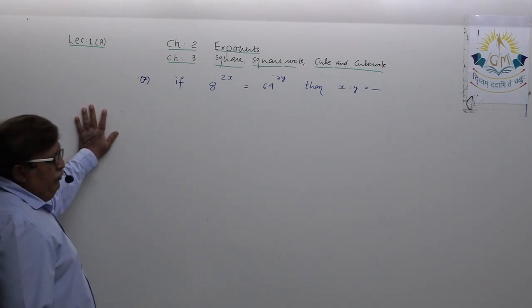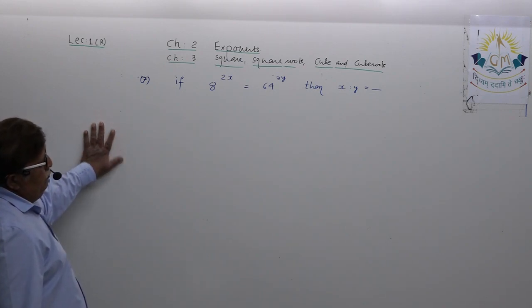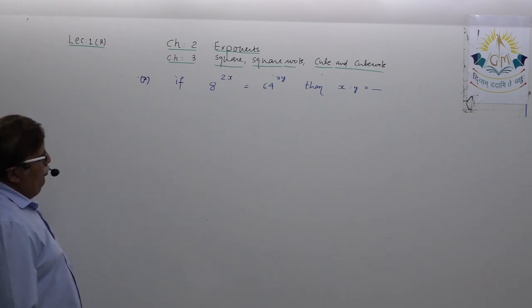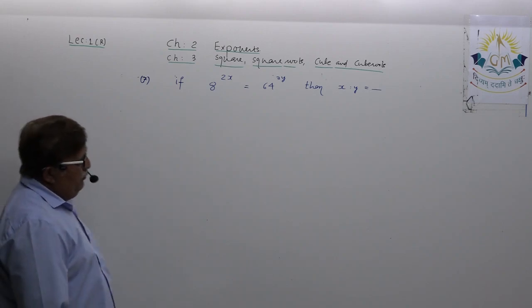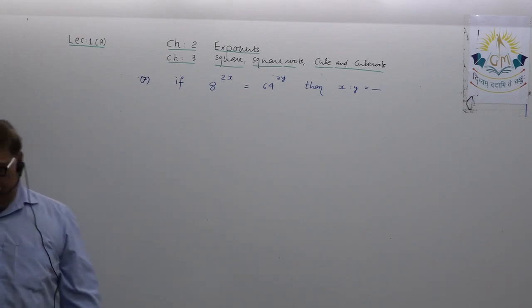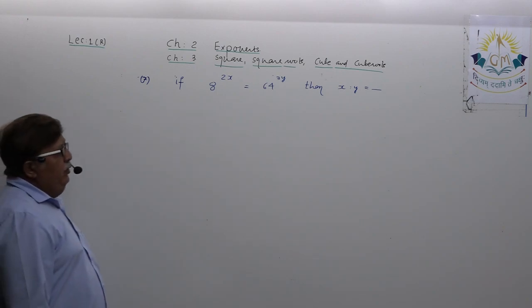Just check it. 2 minutes time for you for evaluation of this particular example. You need to express both the terms given in the similar base. Understood? That is your first step.